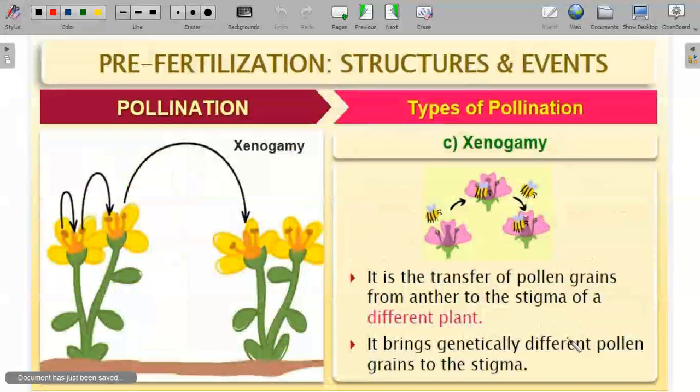Among them, to bring about pollination, except for the cleistogamous flower, when we talk about chasmogamous flowers, geitonogamy or xenogamy, I'm using here a honeybee. In the first slide itself, I used a honeybee also. So there are some agents which bring about pollination.